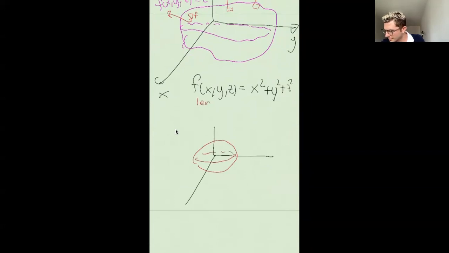Here the level surfaces are spheres. And if you think about the gradient, what's the gradient of this particular function f? The gradient of f is 2x, 2y, 2z.